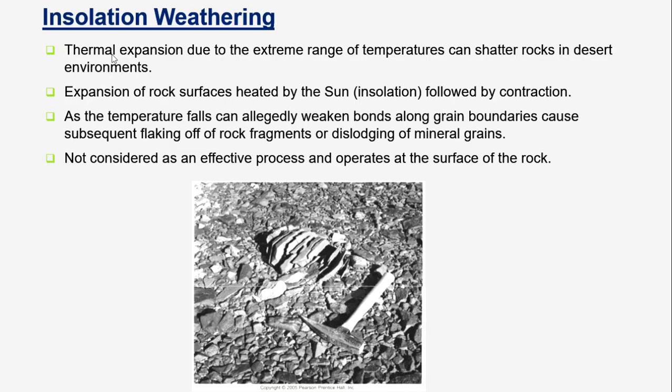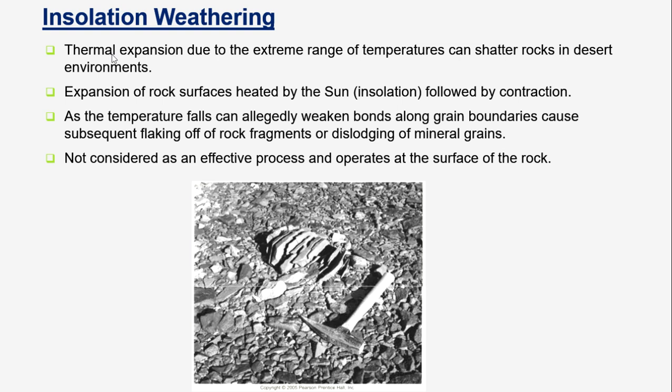The second process is the insolation weathering. As the word itself suggests, insolation refers to the sun temperature or the solar temperature. The expansion of rock surfaces heated by the sun followed by contraction as temperature falls results in the weakening of the bonds along the grain boundary and thus causes subsequent breaking of the rocks into small fragments.